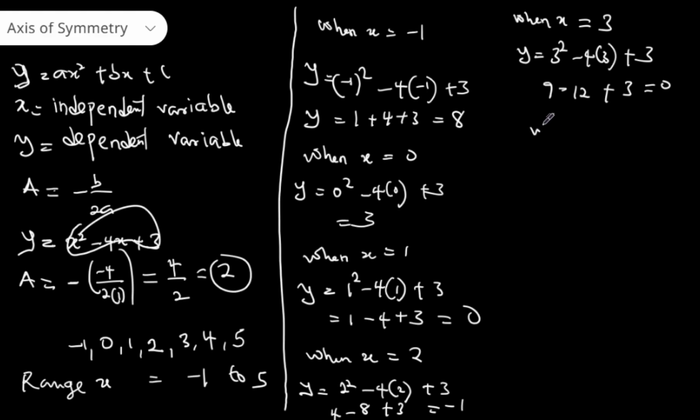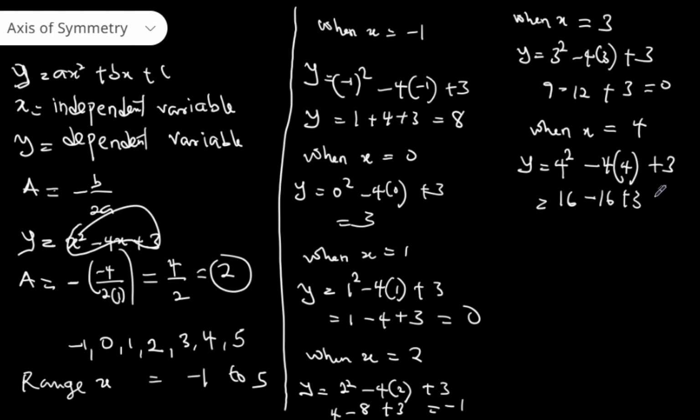When x is equal to 4, y equals 4 squared minus 4 times 4, then plus 3. We have y equals 16 minus 4 times 4 is 16, that's minus 16 plus 3, and that gives us 3.